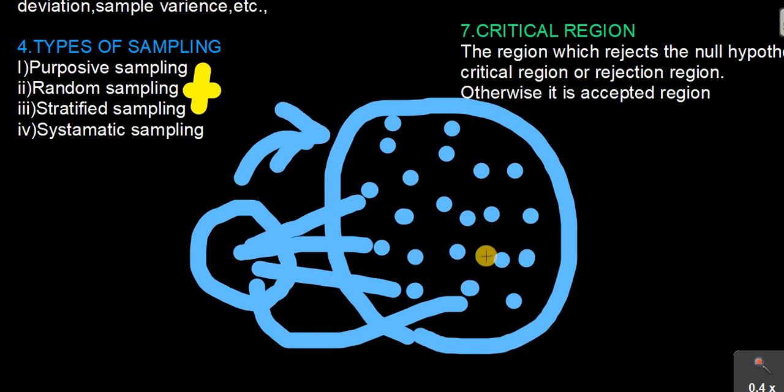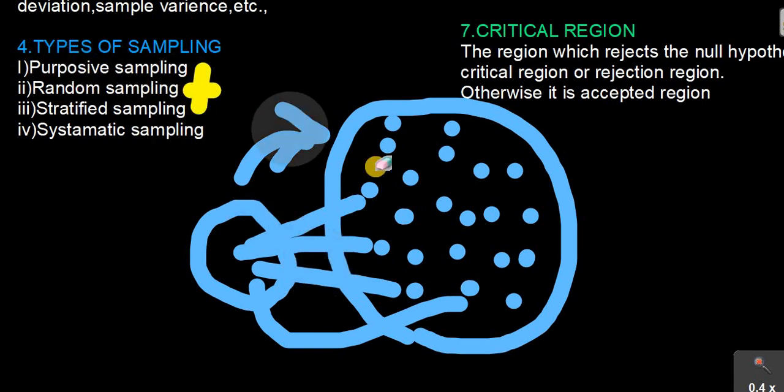If the selection is such that each and every item here has an equal probability of coming into the selection, then we say it is random sampling.